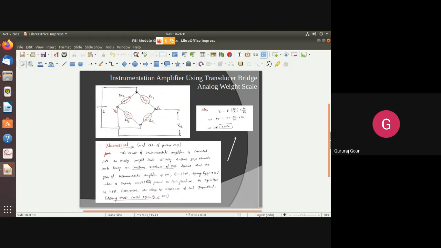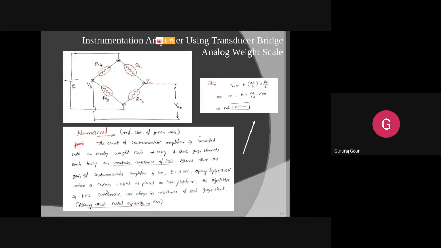When a certain weight is placed on the platform, the output voltage is 1.5 volt. That means 1.5 volt is indicated when you put the weight.